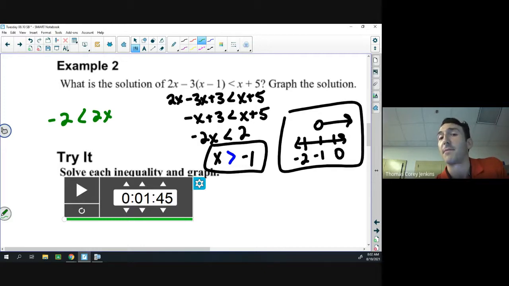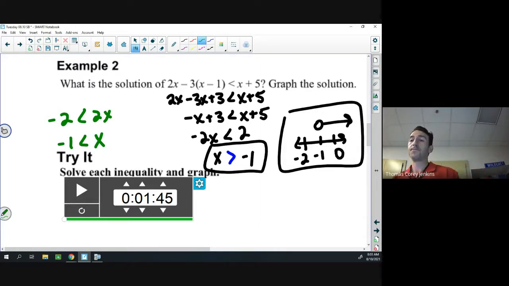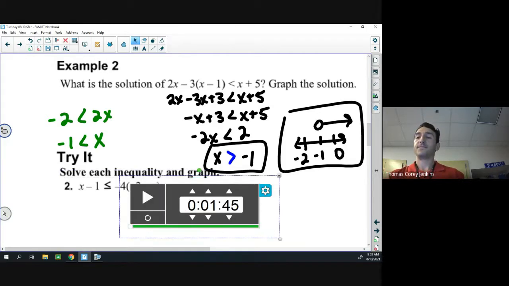So then we would divide both sides by 2, and we get -1 is less than x, which means the same thing as x is greater than -1. Okay, so you see it doesn't really matter which way we go. You do the algebra right, you're going to end up with an equivalent solution. Okay, any questions? All right, you guys try the next one.